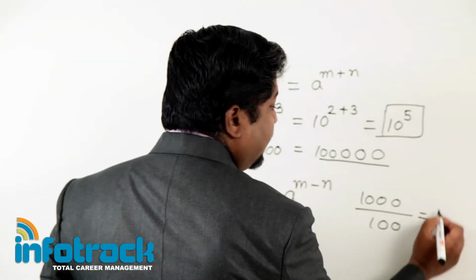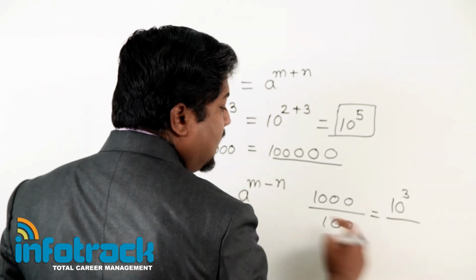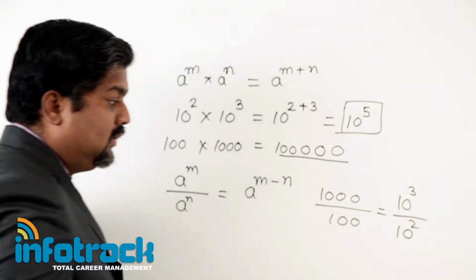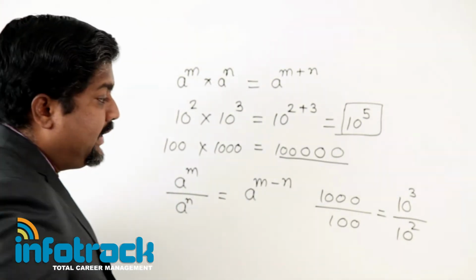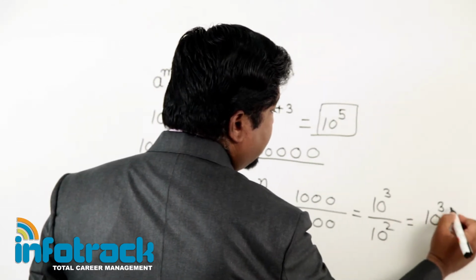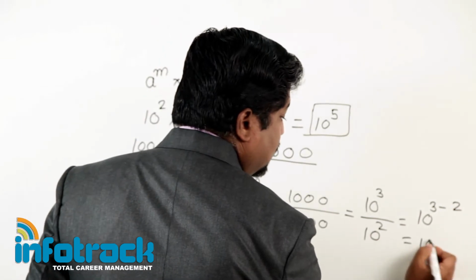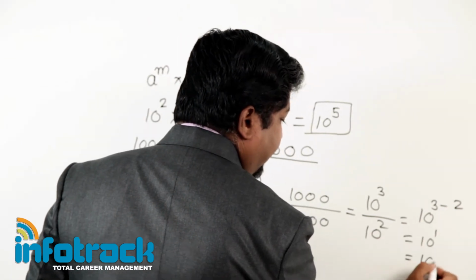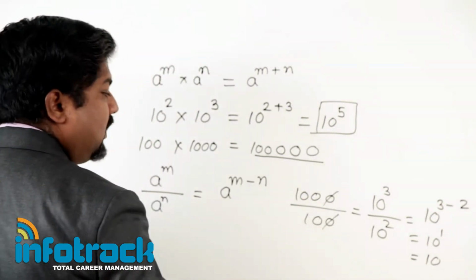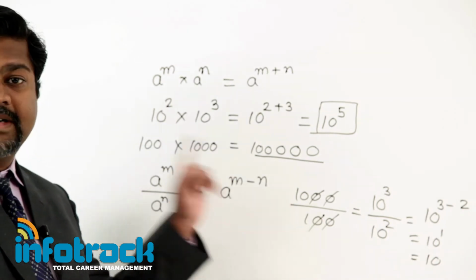Let us check out. 1000 I can write as 3 zeros on 1, same way 100 is 2 zeros on 1. So it is 10 raised to 3 by 10 raised to 2. Our laws of indices say it is 10 raised to 3 minus 2. So the answer is 10 raised to 1, that means 10. Here also I can do it this way: one 0 cuts with one 0, another 0 gets cut. What is remaining, the answer, is 10.